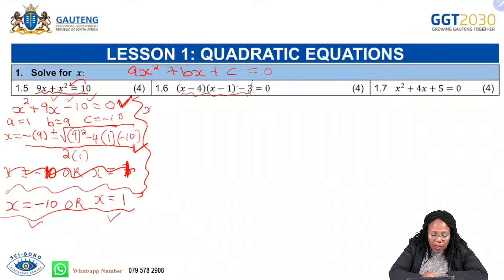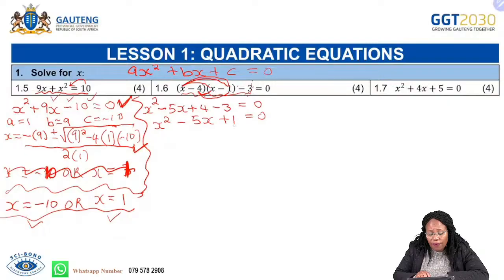So this will be x squared, x times minus 1 is minus x, minus 4 times x is minus 4x, minus 1 and minus 4 will be minus 5x. And the negative 4 times negative 1 is negative 4. And then minus 3 equals to 0.